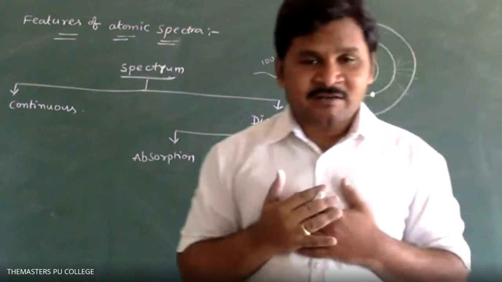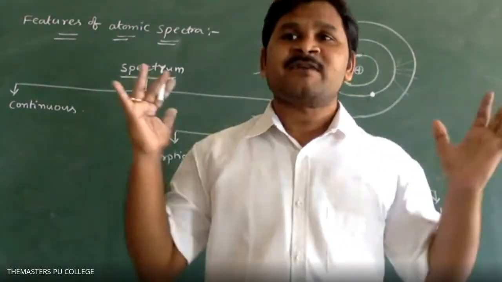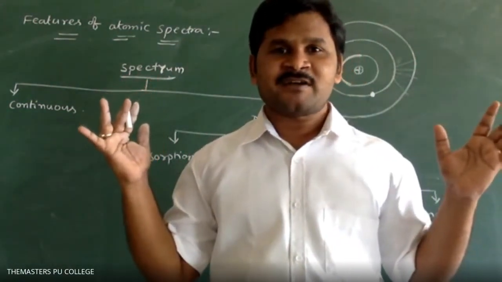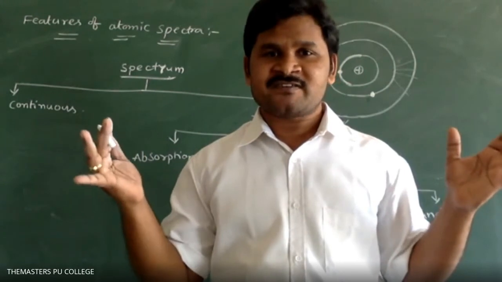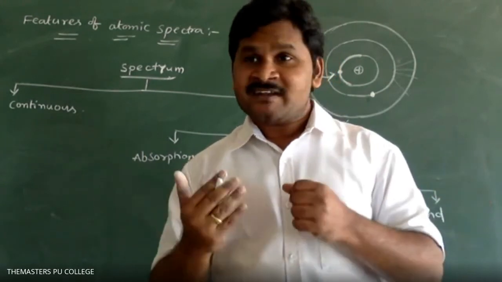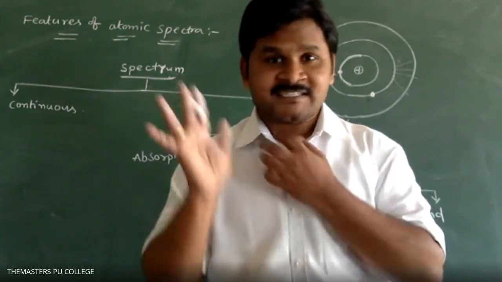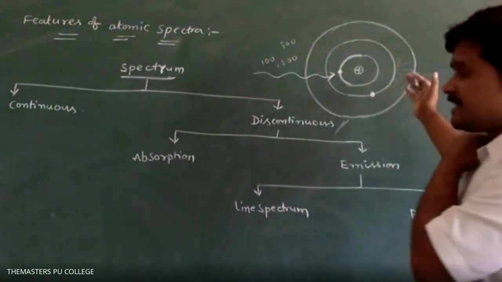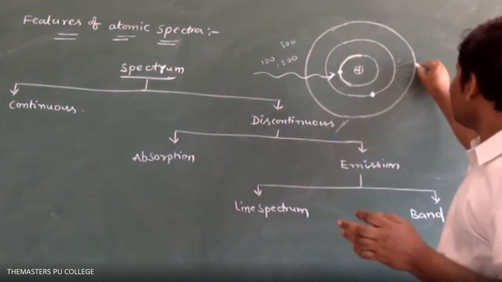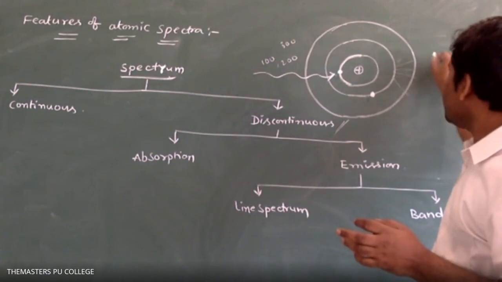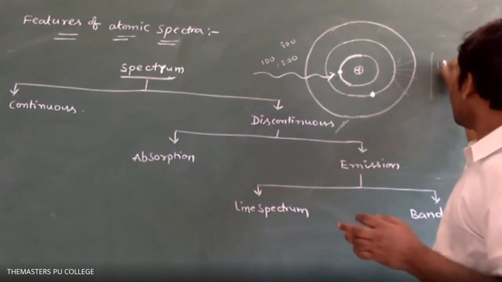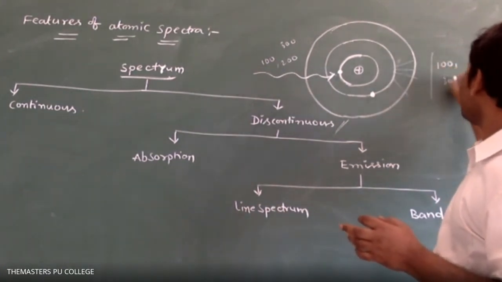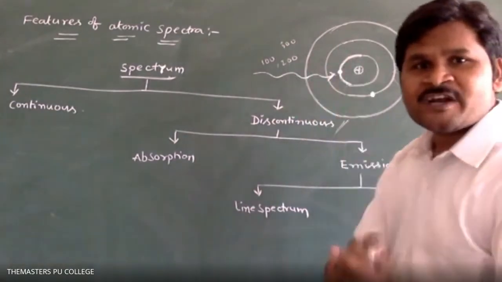Some light is absorbed by the body, some light is emitted by the body. Light emitted by the body means, suppose when you are suffering from fever, the heat comes from your body like that. Heat is emitted from the body. So if you analyze that light, we are getting only 100 and 300 nanometer light. What about the 200 nanometer?